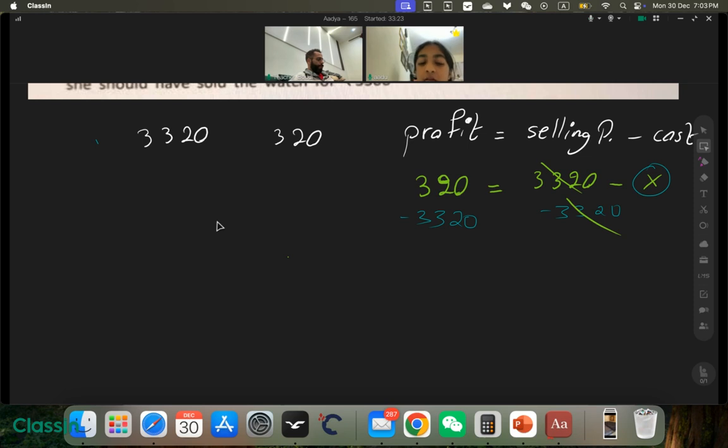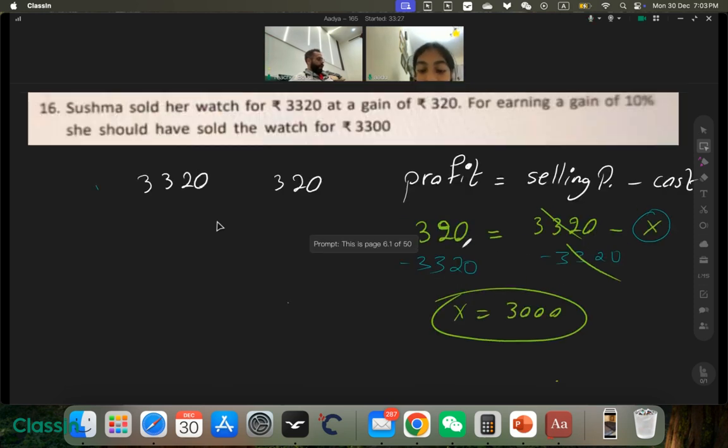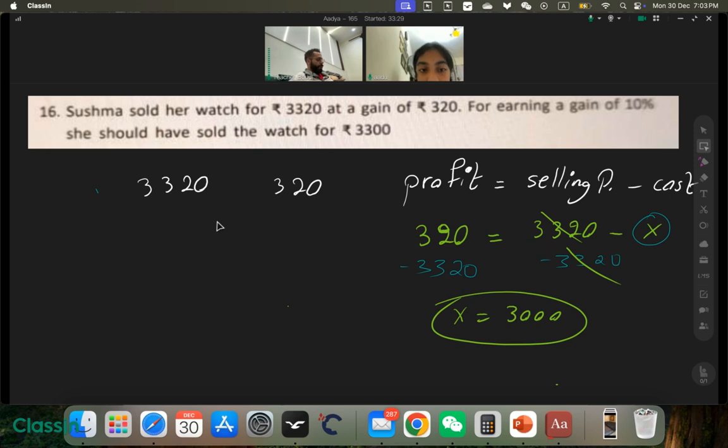Okay. Reset your brain. Let's go back to the question. Now, what is the cost? X is the cost, right? Yeah, X is the cost. So since X is the cost, the cost is 3,000.